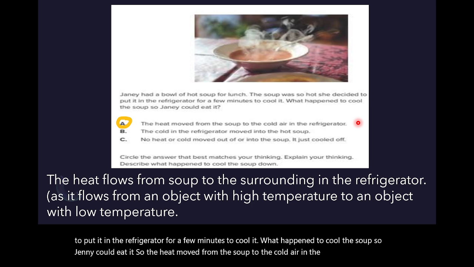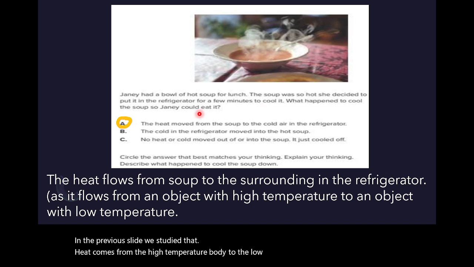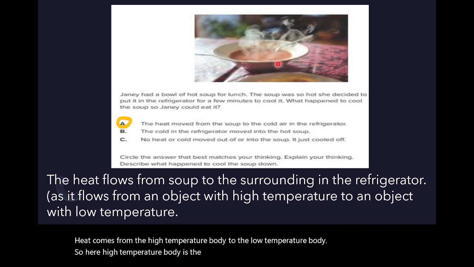In the previous slide, we studied that heat moves from the high temperature body to the low temperature body. So here the high temperature body is the soup, the low temperature body is the refrigerator, and the heat moves from the soup to the cold air in the refrigerator.